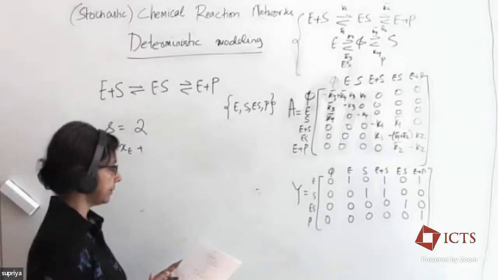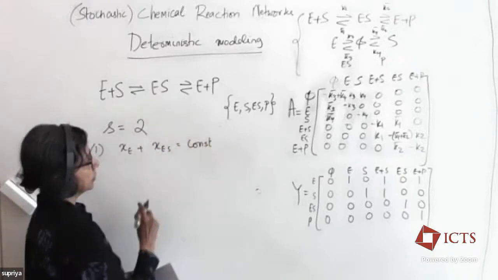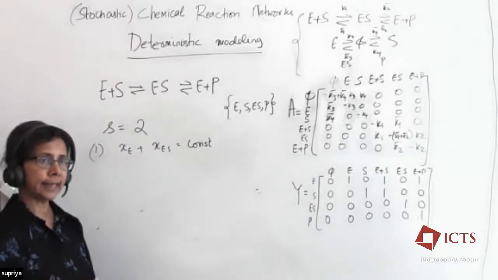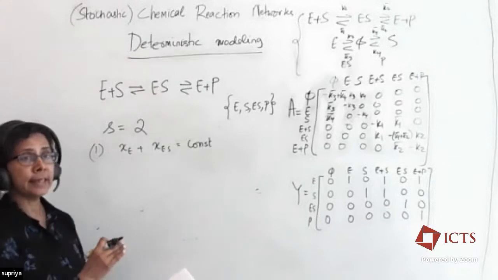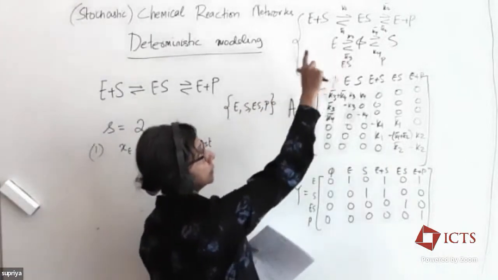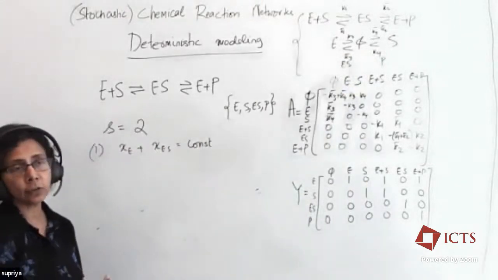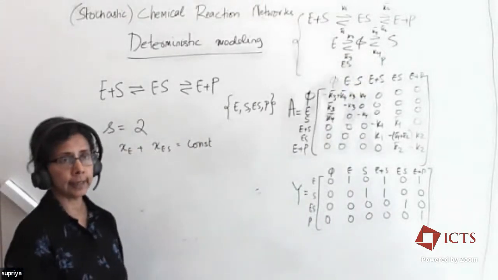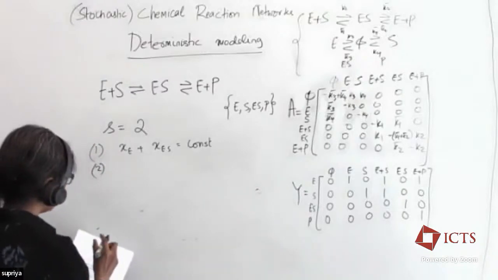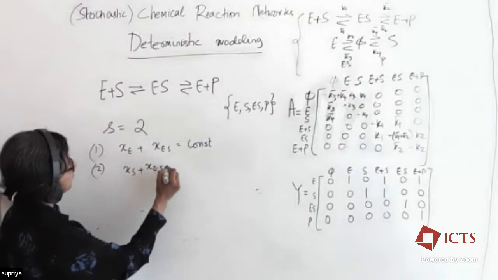So XE plus XES is a constant. Every time I produce an E, I eliminate an ES, or every time I eliminate an E, I produce an ES. That constant was not there in this one, precisely because of this reaction, this phi business. There's a source and a sink, so there's no conservation of E there. And there's yet another one here, and that is XS plus XES plus XP.